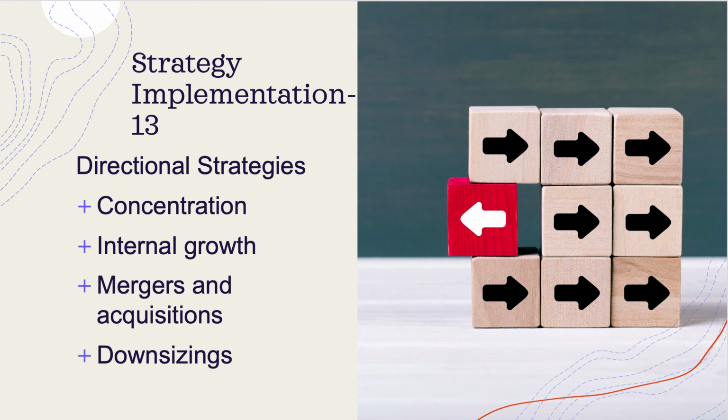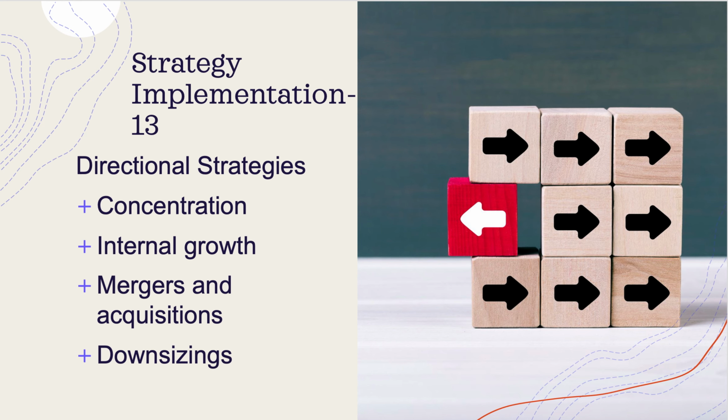Companies have used 4 possible categories of directional strategies to meet objectives. The first is strategies emphasizing market share or operating costs, which are considered concentration strategies. With this type of strategy, a company attempts to focus on what it does best within its established markets and can be thought of as sticking to its knitting, as some people like to call it.